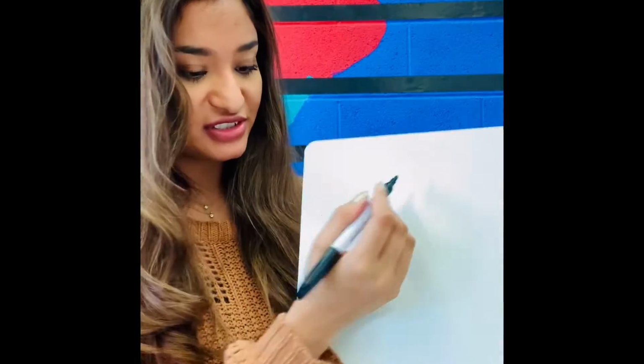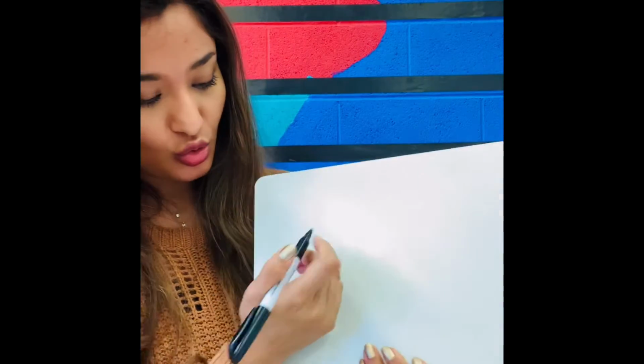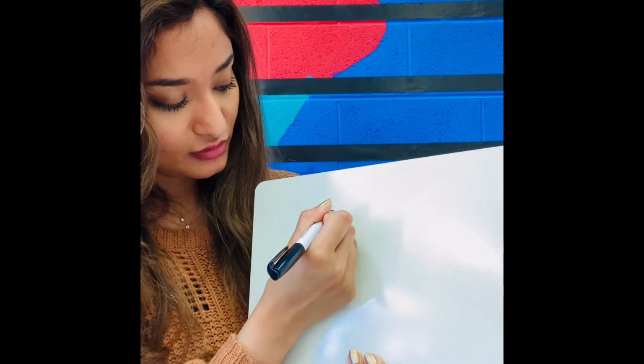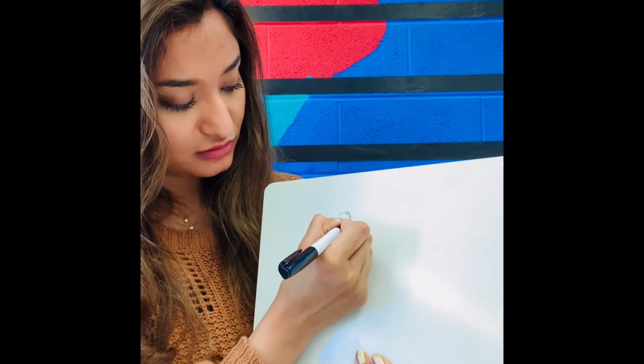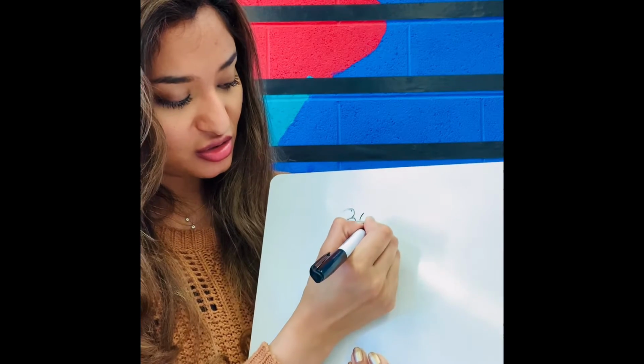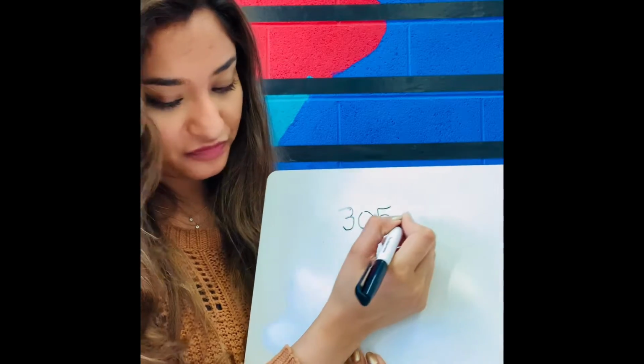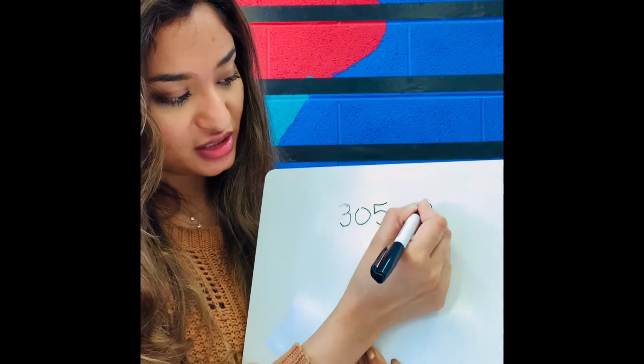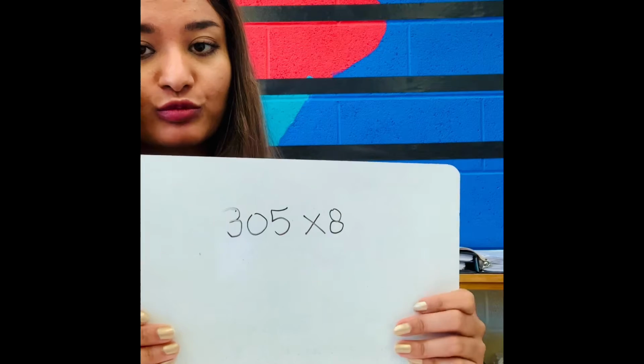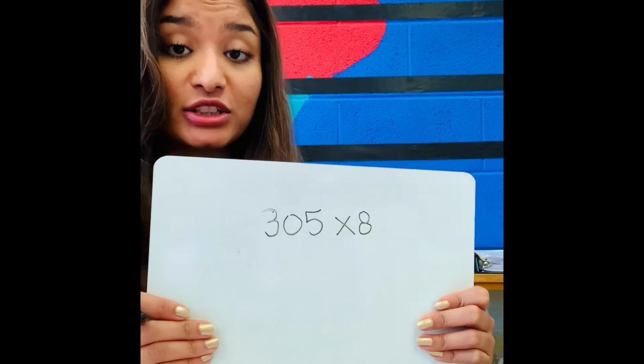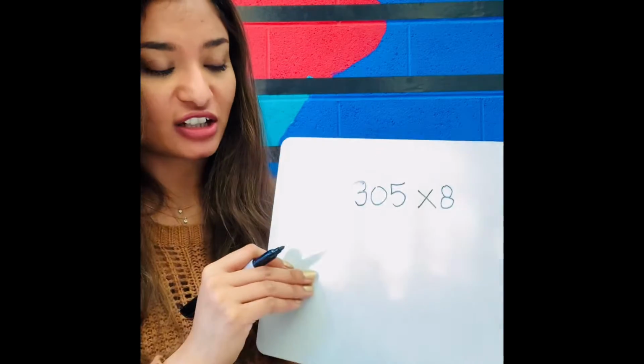Now they have given it to us horizontally. They've said 305 times 8, right? That's how they've given it to us. We need to stack it to make our life easier, right?